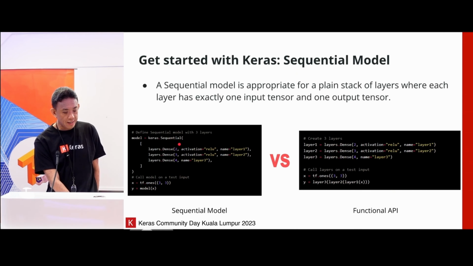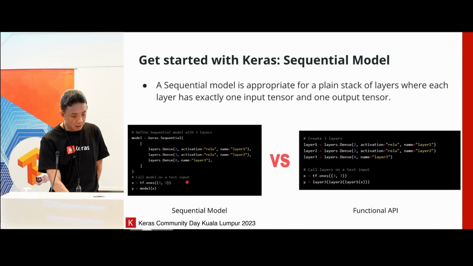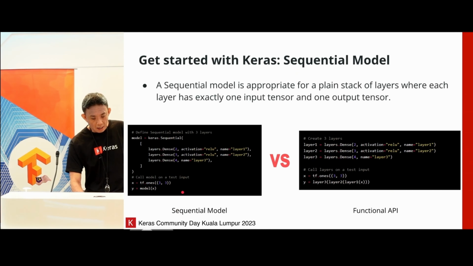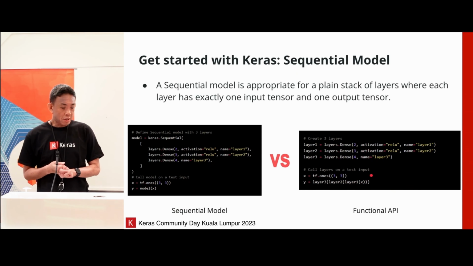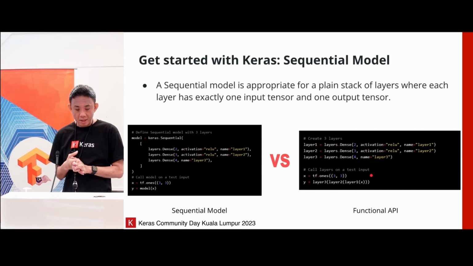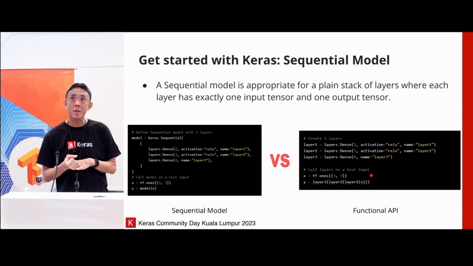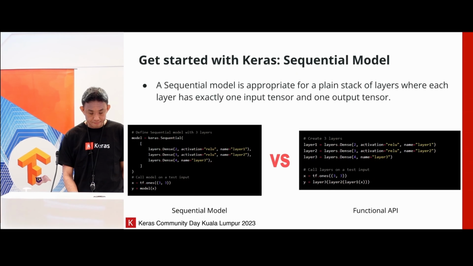You just define that you want to use sequential, then stack the layers: the first dense layer, the second dense layer, the third dense layer. This is how a sequential model looks. Compared to the functional API, where you define the layers like this, the sequential model looks much simpler to use.